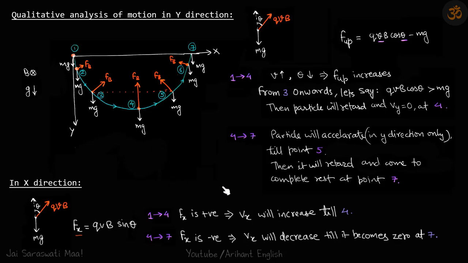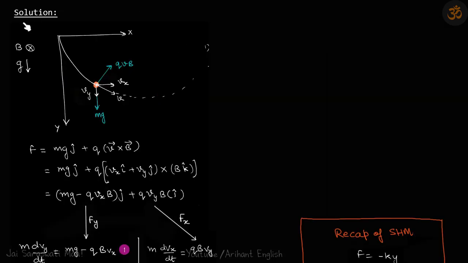So now we understood qualitatively that the particle will move like this, and again it will go like this. Now let's find the exact equation of this curve. Solution. So when the particle starts from here, at some point, let's say its velocity in x direction is Vx and downwards is Vy.